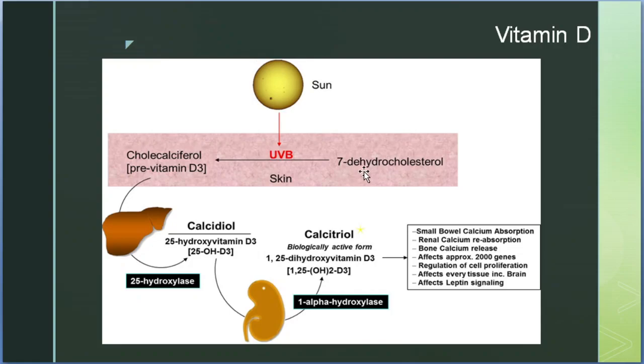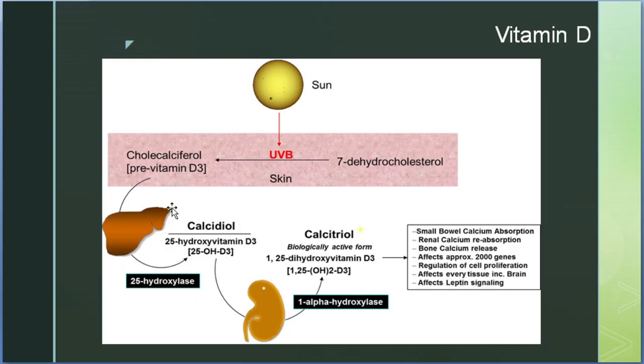Again, ang 7-dehydrocholesterol na matatagpuan sa ating skin by the action of your UV rays B will be converted into pre-vitamin D3, which is your cholecalciferol. Your cholecalciferol will undergo hydroxylation by the action of your 25-hydroxylase, making now your cholecalciferol into 25-hydroxy-vitamin D3 or your calcidiol.